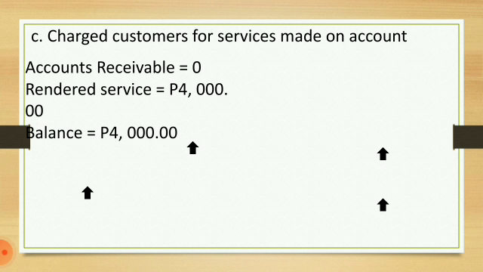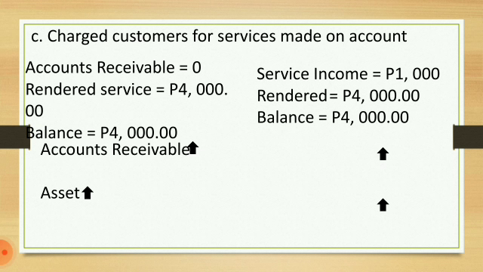So what happened to your accounts receivable? From 0, it became 4,000. So obviously, your accounts receivable increased. Now, what major account does accounts receivable belong to? It belongs to asset. Now, when your accounts receivable is increased, therefore, your asset is also increased.